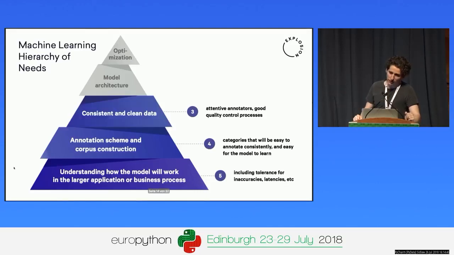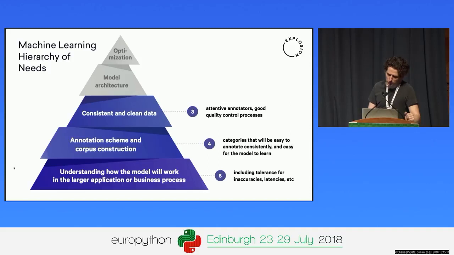Then translating that annotation scheme, after we've decided what models we ought to have, into an annotation process so that we can actually get the data cleanly. So this is this project management stage of having attentive annotators who know what we're trying to do. We have a good quality control process and a good process for cleaning up discrepant annotations, etc., etc.